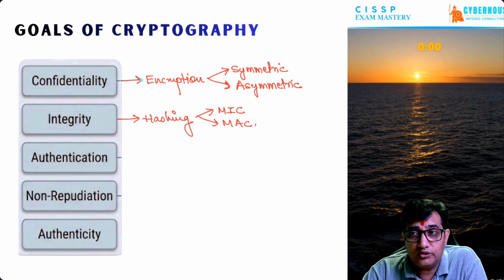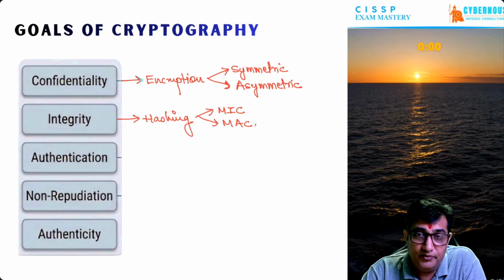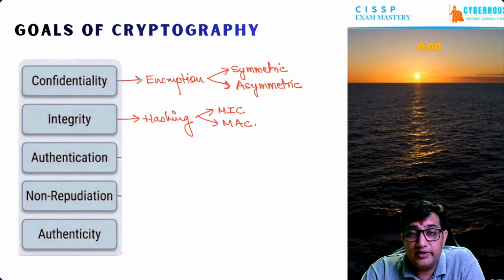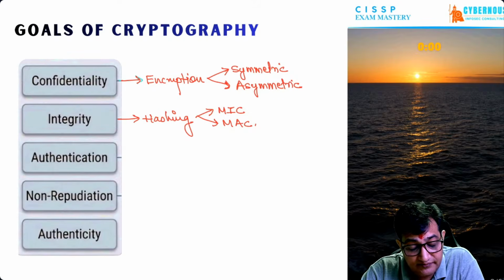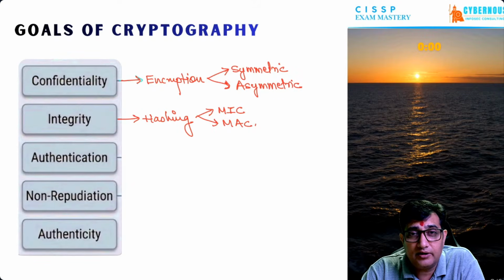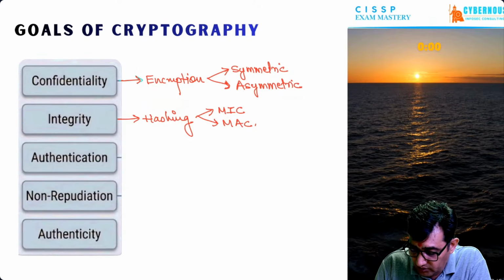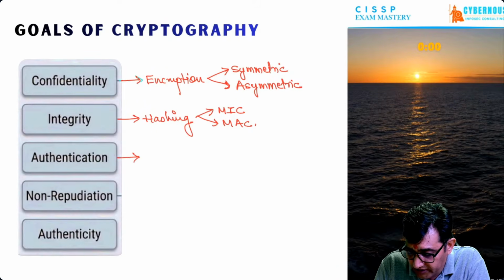Then comes authentication, and believe it or not, you cannot authenticate today if you do not have cryptography, specifically asymmetric cryptography. So authentication is normally achieved through asymmetric cryptography.